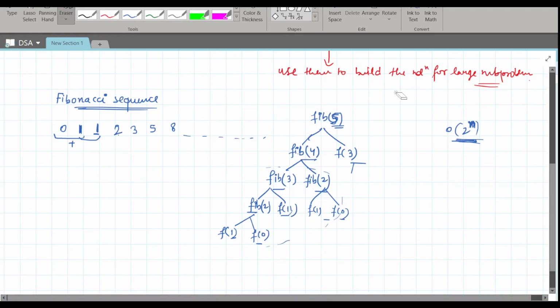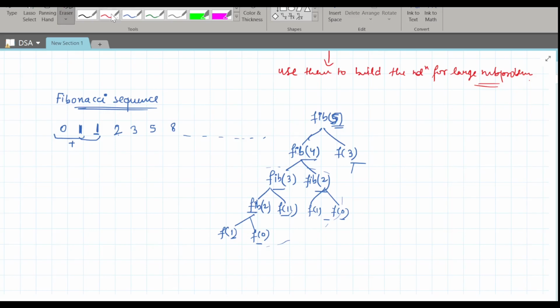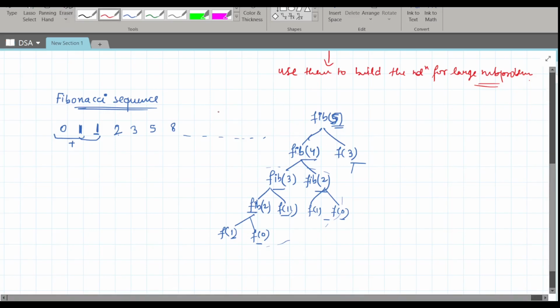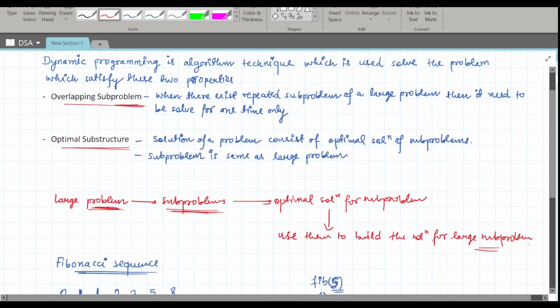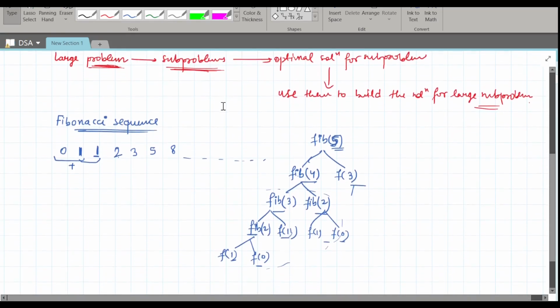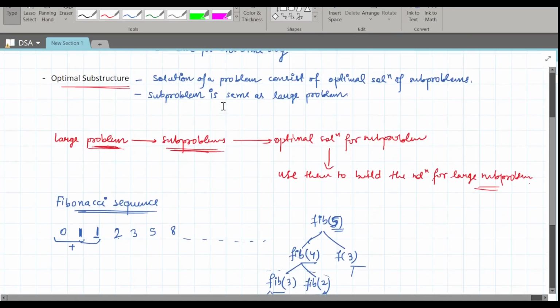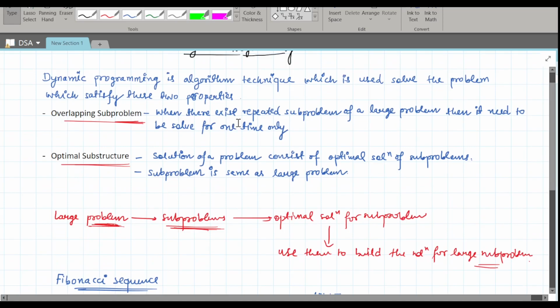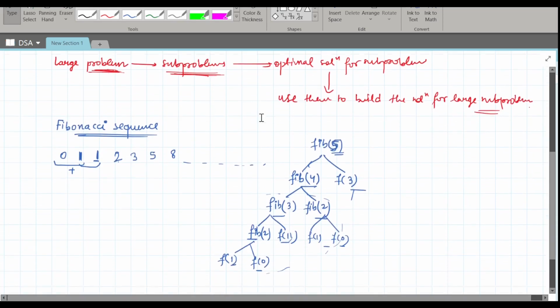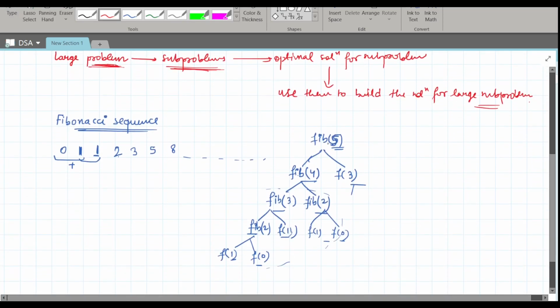So how are these two properties satisfied here? The first property was overlapping subproblem, which exists when there is a repeated subproblem. We have divided our fib 5 into fib 4 and fib 3, and then fib 4 into fib 3 and fib 2, and so on.